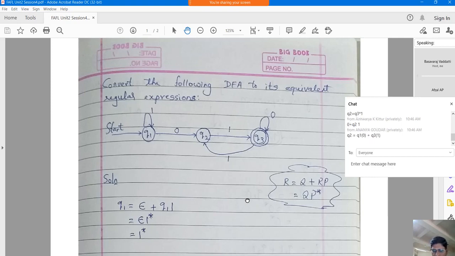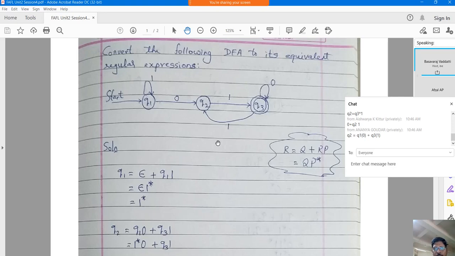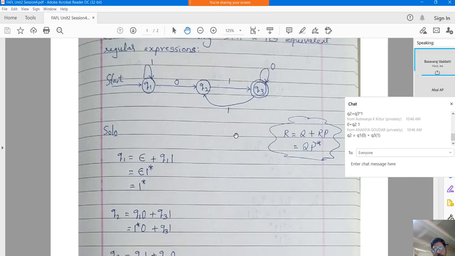You can notice here that state Q2 has two input arrows.